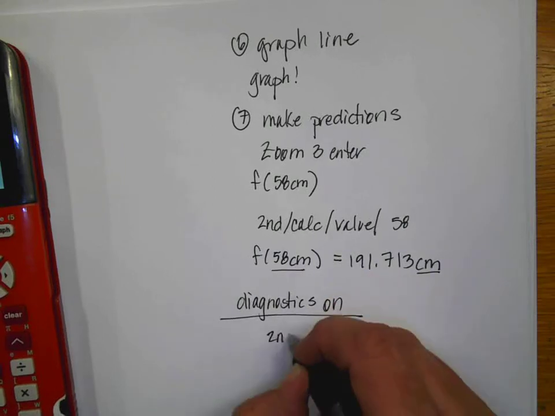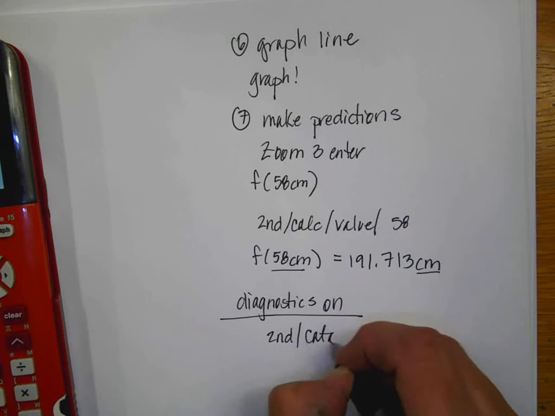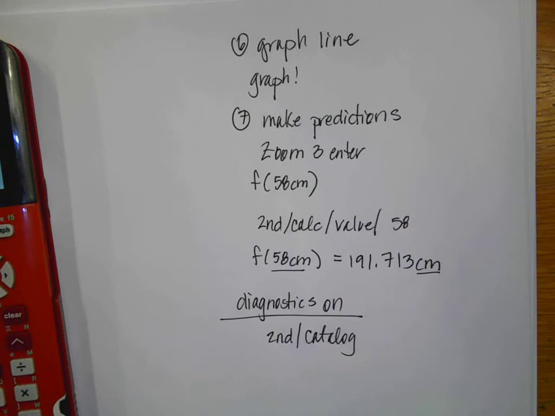So my diagnostics are on, and I did that by second catalog. You only have to do that once, unless for some reason you reset your calculator, which I highly do not recommend that you do. But if you have issues, let me help you with your grapher. But once you do it once, you never should have to do it again.